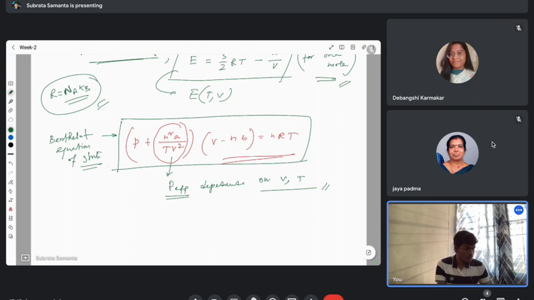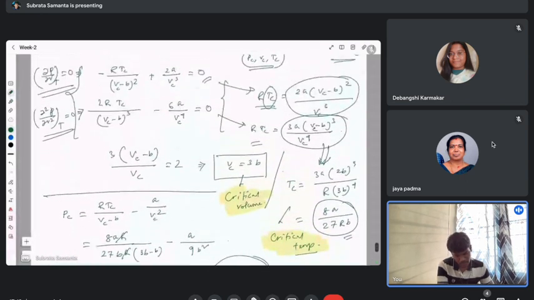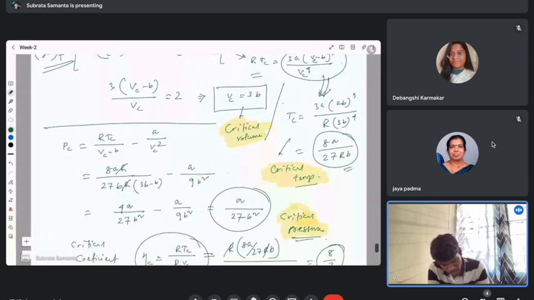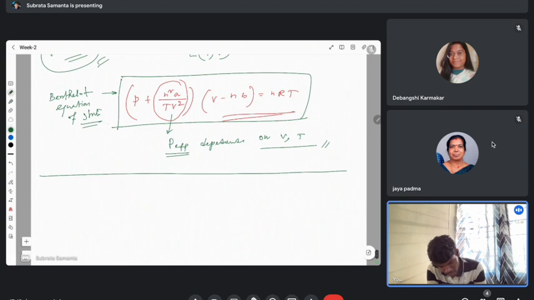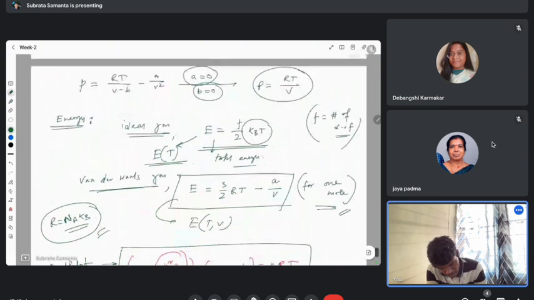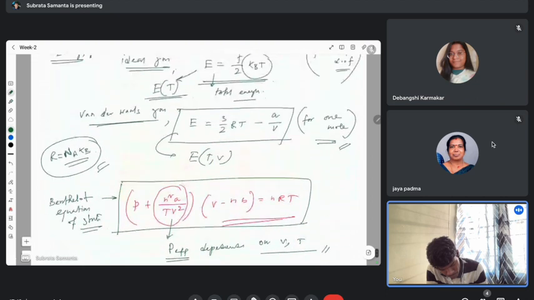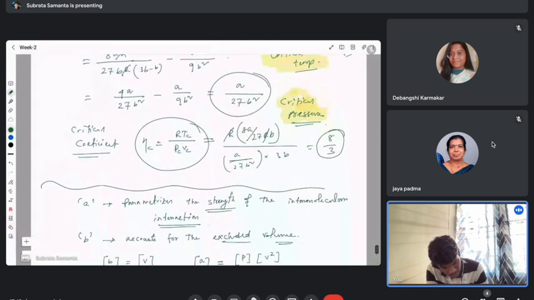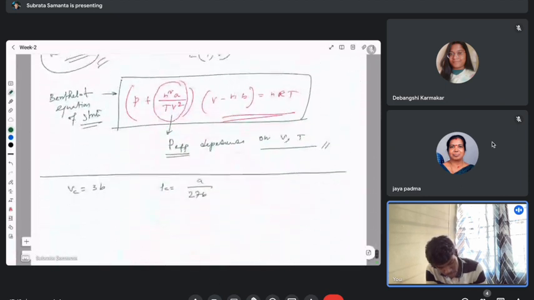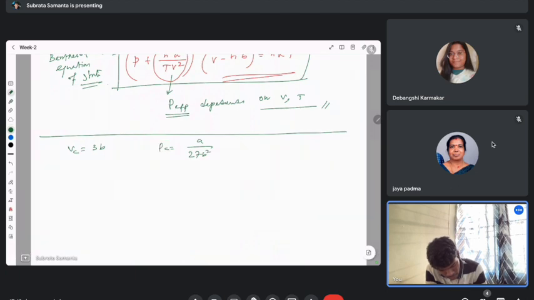Okay, so now we go to solve some problems in the week 6 assignment. I think once you know the formula for how to calculate, first of all, you know that V_c is 3b, T_c is 8a by 27Rb, and P_c is a by 27 b squared.